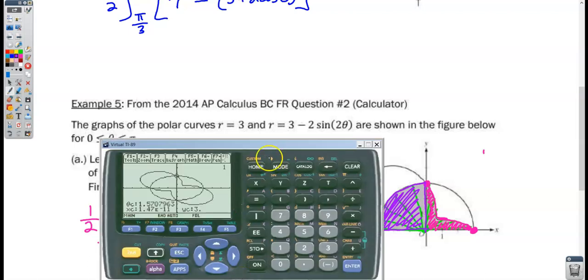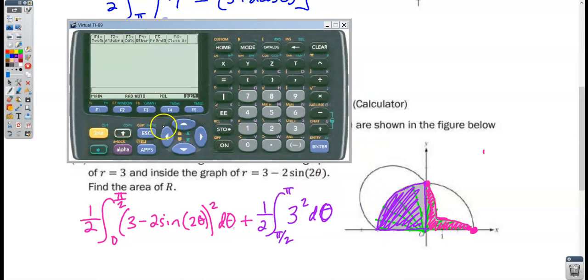So we'll go ahead and break out our calculator now. And I've got 1/2 times the integral of the quantity 3 minus 2 sine of 2 theta, quantity squared, with respect to theta, from 0 to pi over 2, plus 1/2 times the integral of 9 with respect to theta, from pi over 2 to pi.